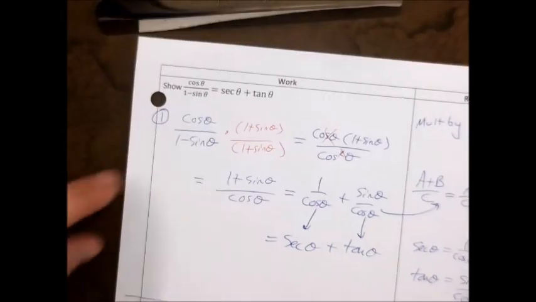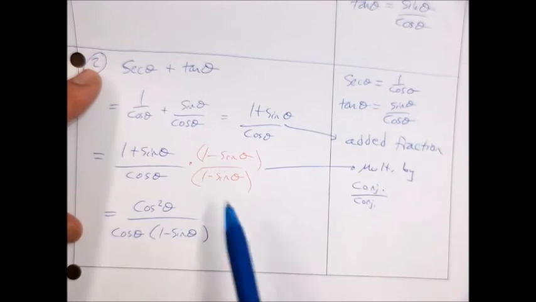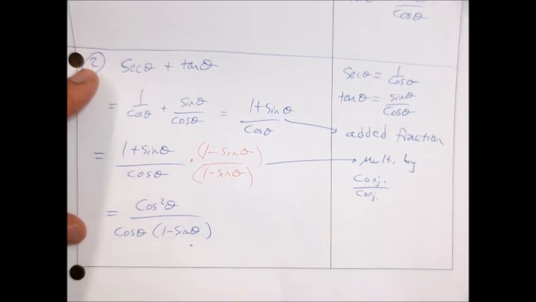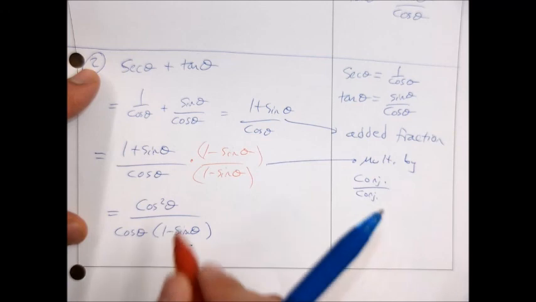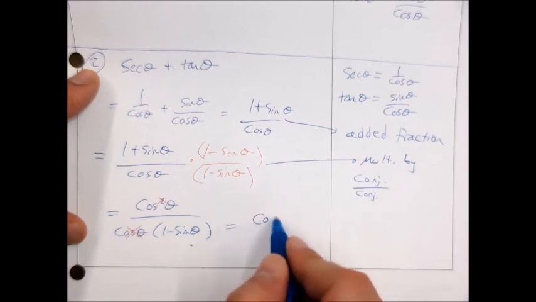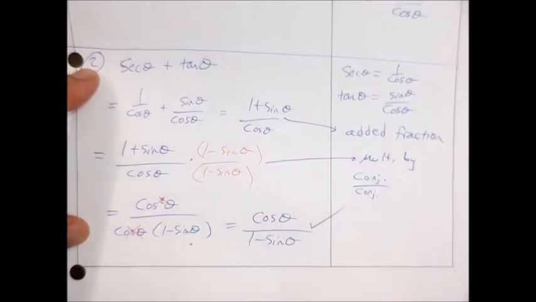Well, the final answer we're looking for has a 1 minus sine in it. And so here's my 1 minus sine. I don't want to mess that up, so just leave that alone because I want that in the final answer. Again, we're trying to think about where we're headed, and it helps us make decisions. In other words, I want that in the denominator, so let's get rid of the other by canceling with 1 at the top. And so we get cosine over 1 minus sine, which is what we were looking for.